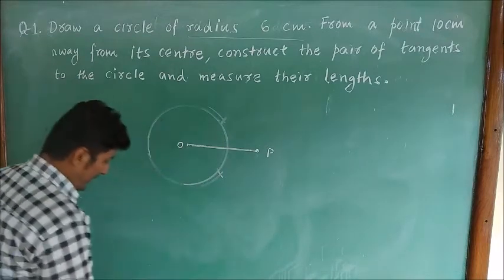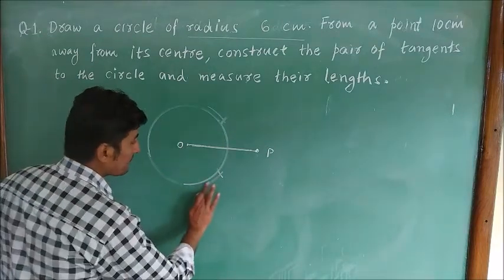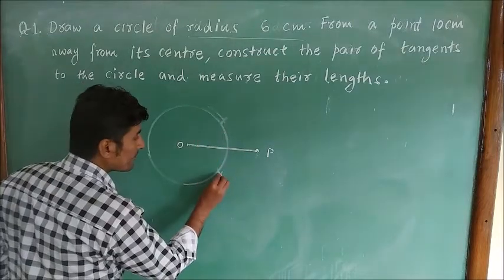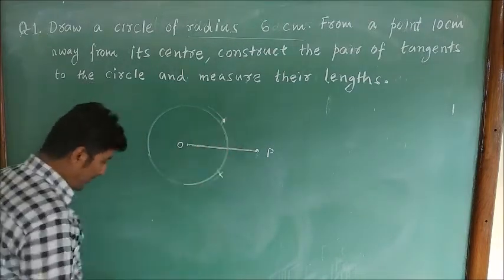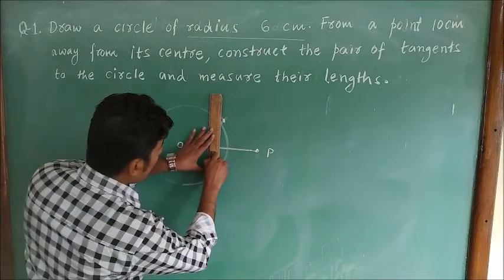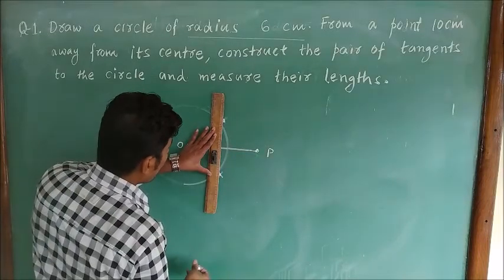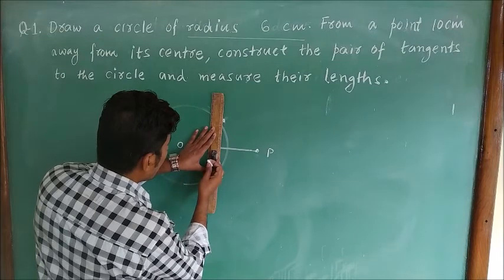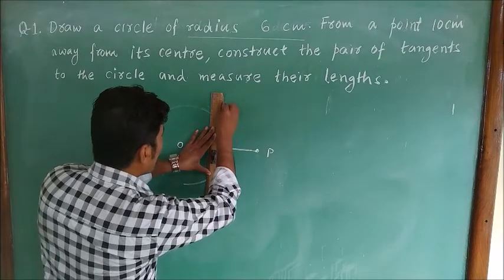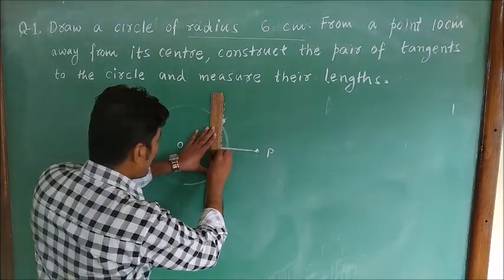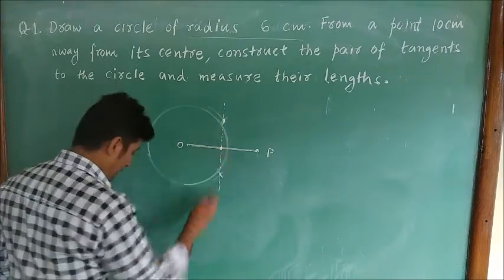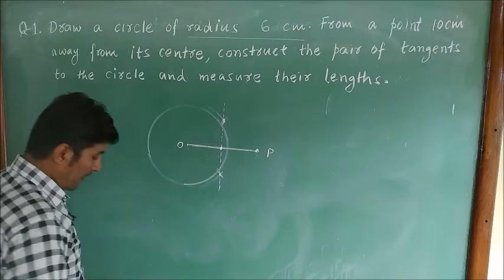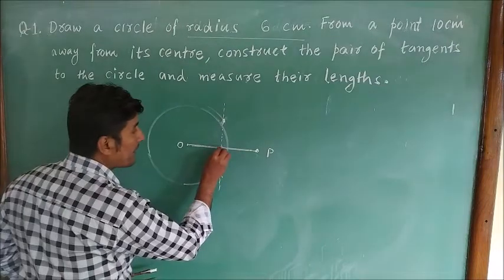So these 2 points, we have to join these 2 points. Now suppose the name of this point I have taken as A.